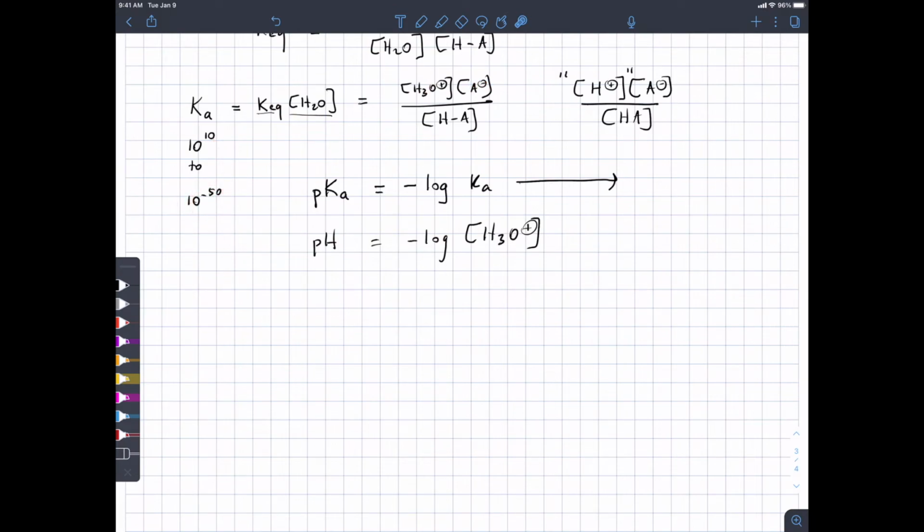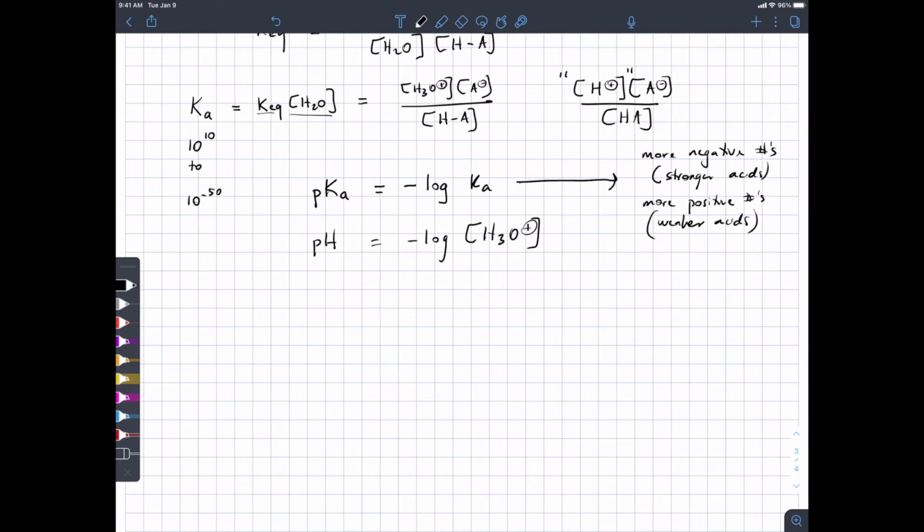And small numbers for Ka mean really not acidic. It's the opposite for pKa. More negative pKa values are associated with stronger acids. More positive pKa values are associated with weaker acids.